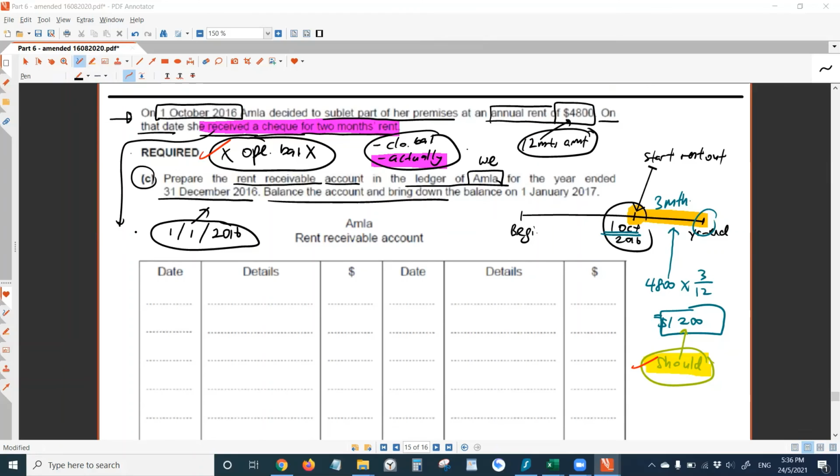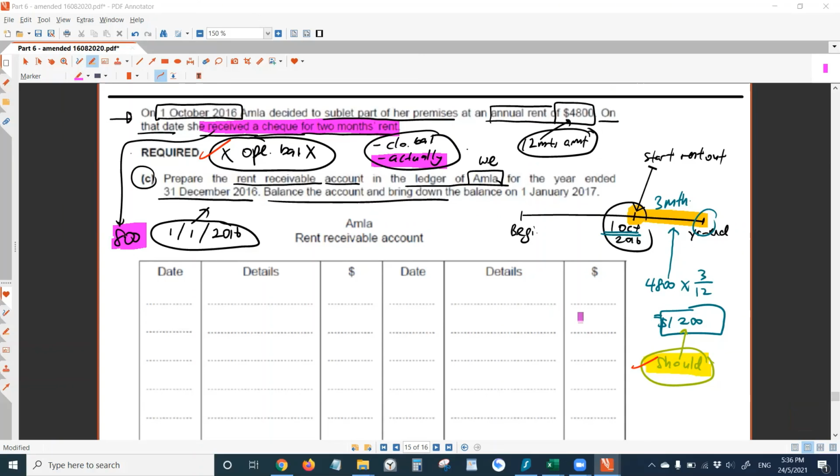Justin, you find me the amount. Yes, correct, 800. Good. This is the amount Amla has actually received. Take note, it says received a check. So don't write cash slash bank. This is a check. Debit bank, credit this rent received account.